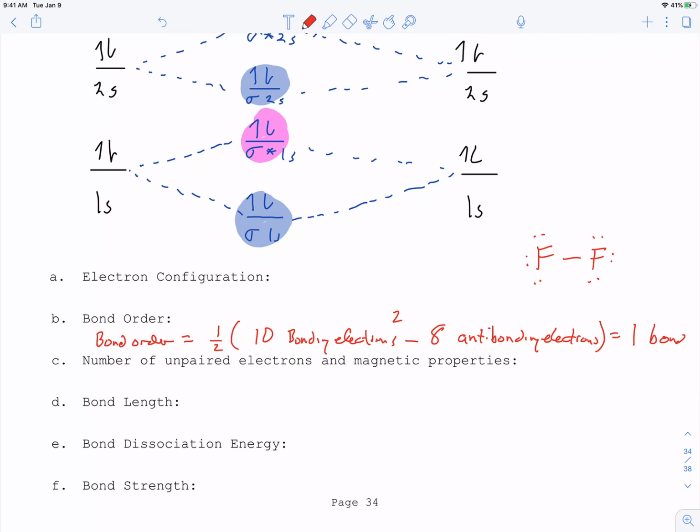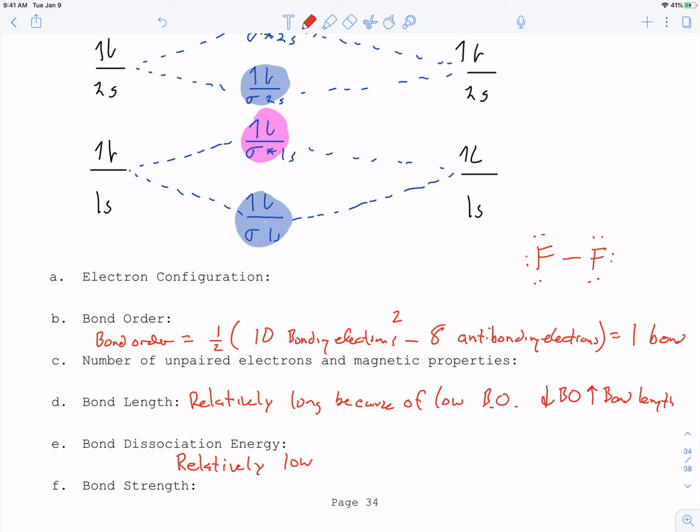Now, the bond length is relatively long because of low bond order. So again, if we have a low bond order, we have a high bond length. Okay? What about the dissociation energy? Well, it is also relatively low.